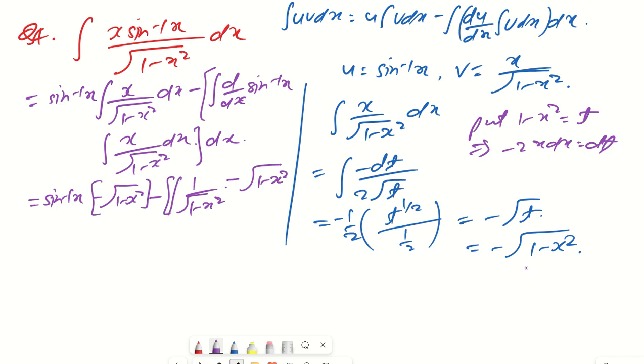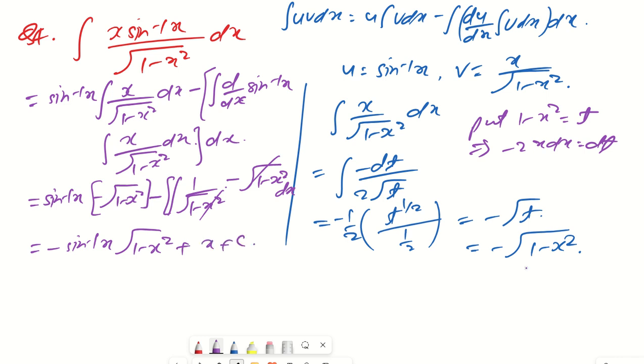So integrating this, we are going to cancel these two, so we are left with only minus 1. So we are going to get minus sine inverse x times square root of 1 minus x square, and minus minus will become plus x, plus some constant c.